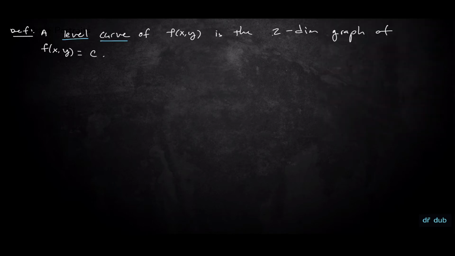So a level curve is really just a two-dimensional graph when you set f of x, y equal to a constant, where c is some constant in the range of f of x, y.